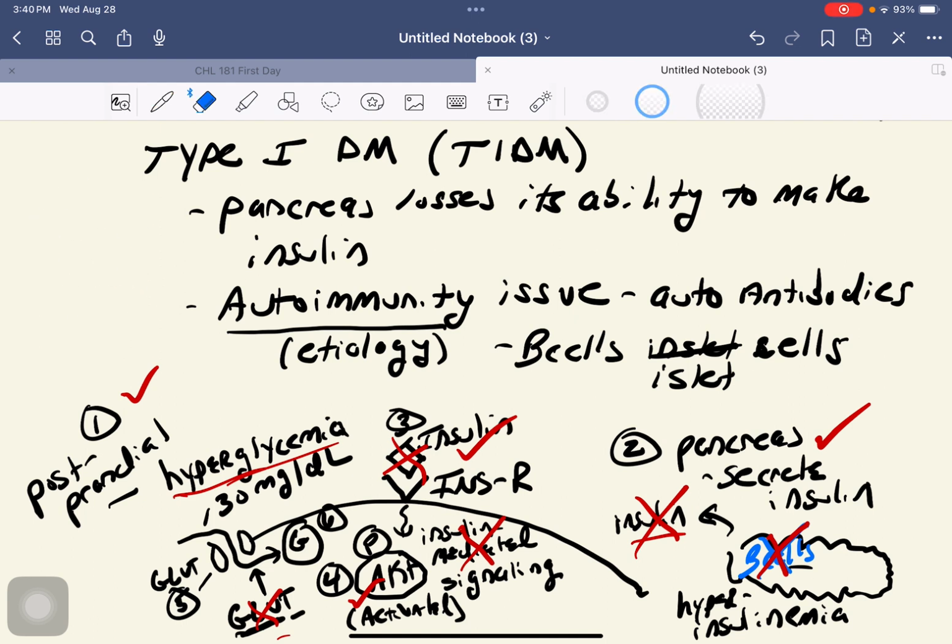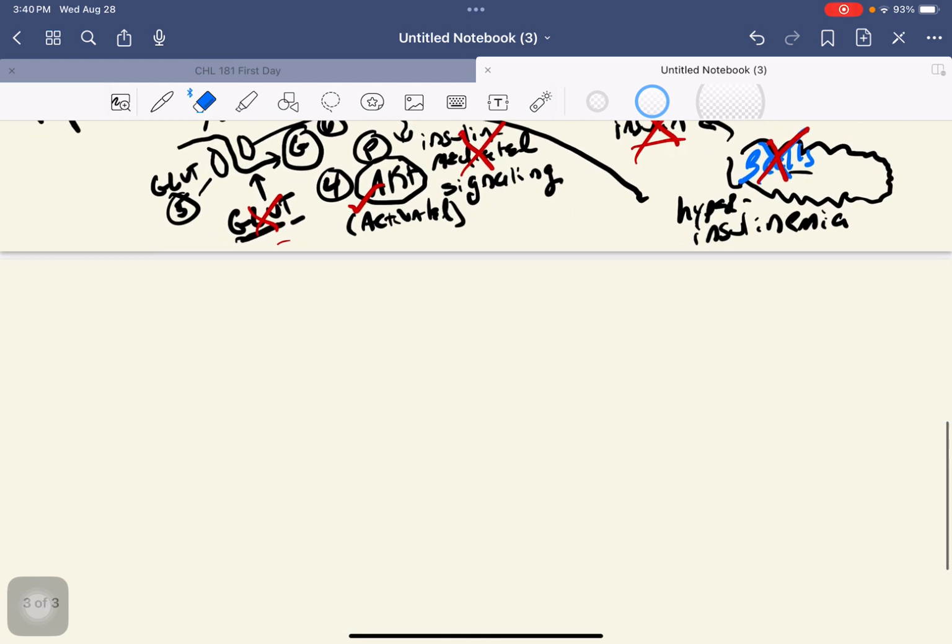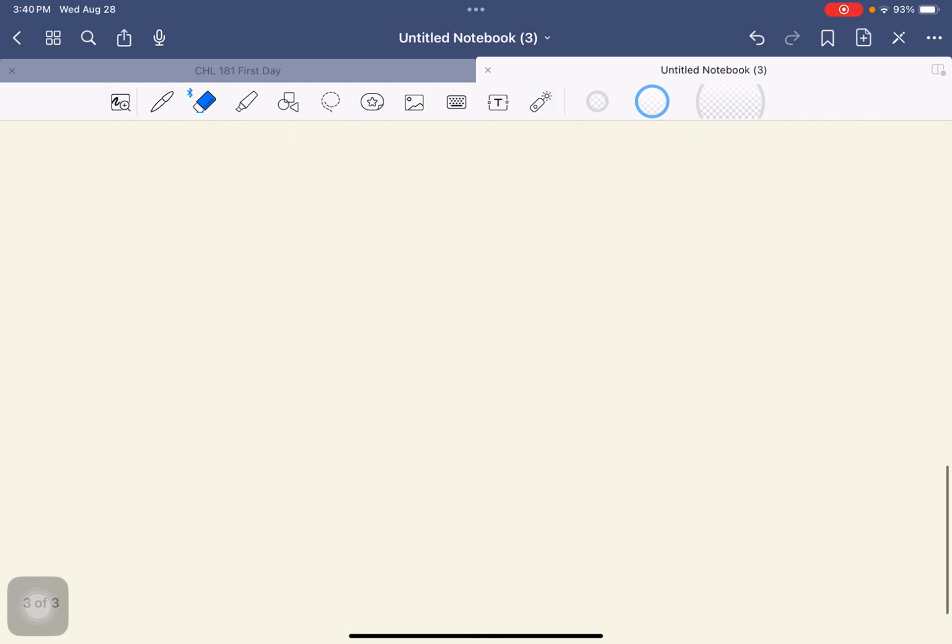So the metabolic syndrome idea, once again, is this Venn diagram, this connection between type 2 diabetes. Let me just make a new page for you, that'd be easier. There we go, better.